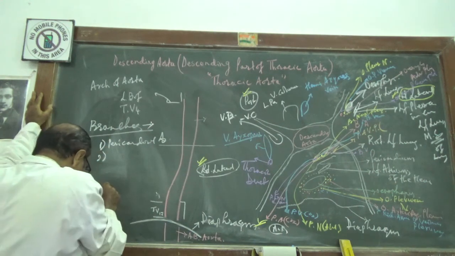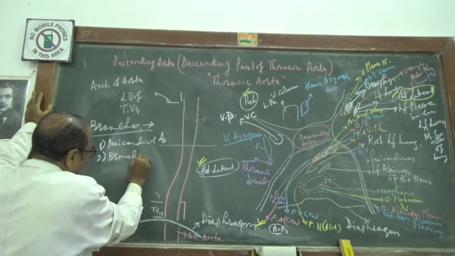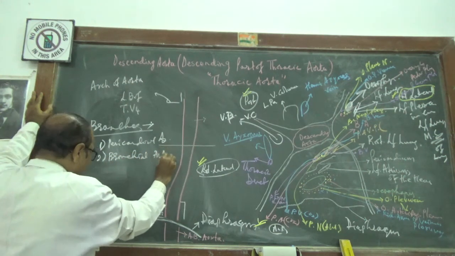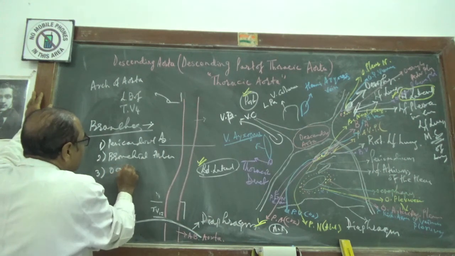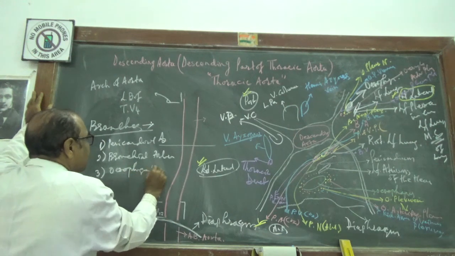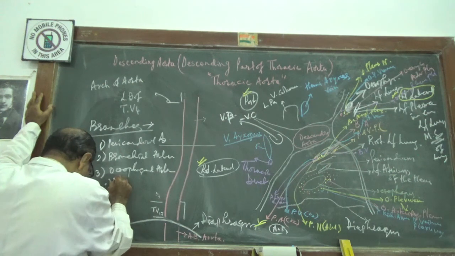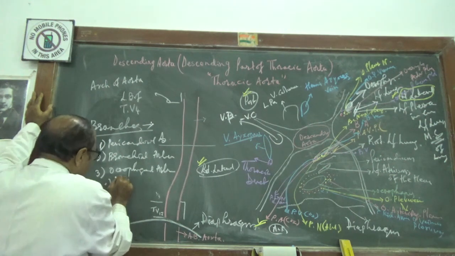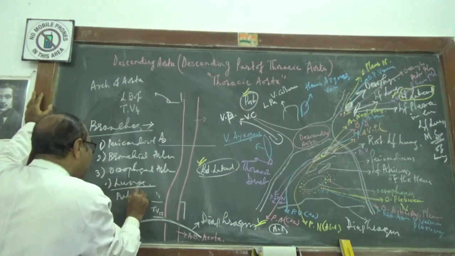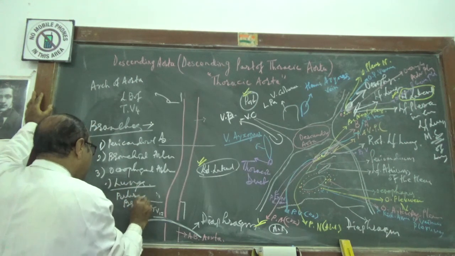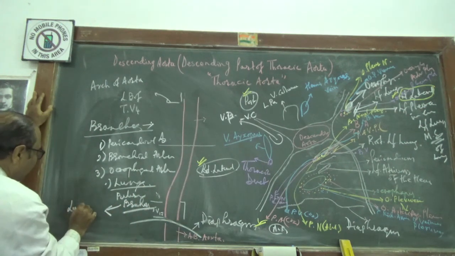Second, the bronchial arteries. Then third, esophageal arteries. Then you will have the branches for the lungs, called the pulmonary branches, or rather branches to the lungs.